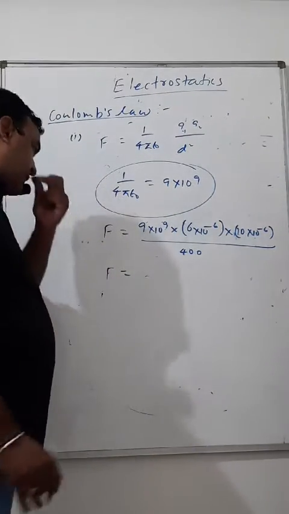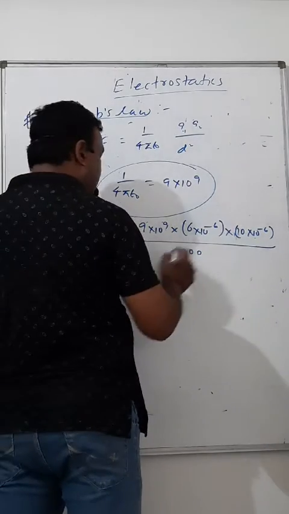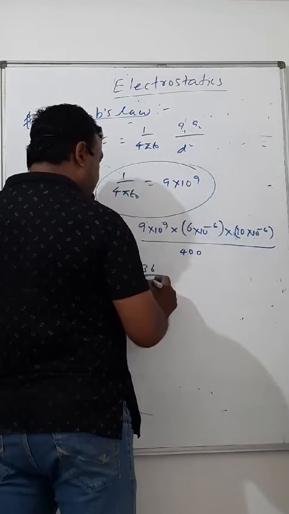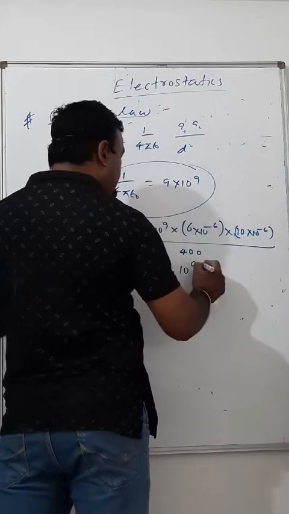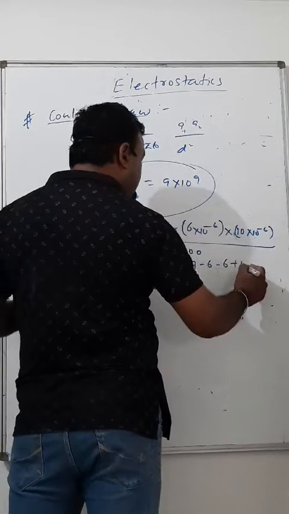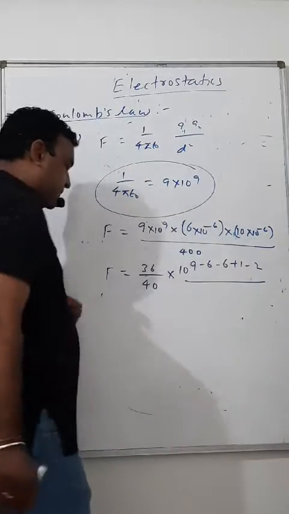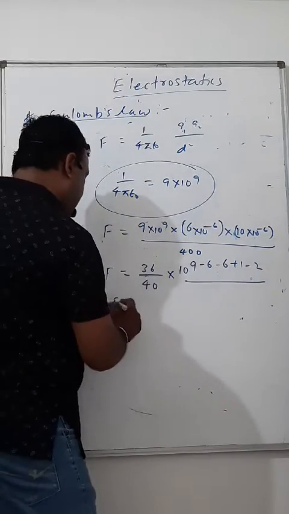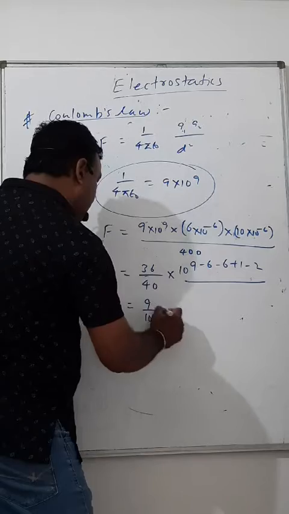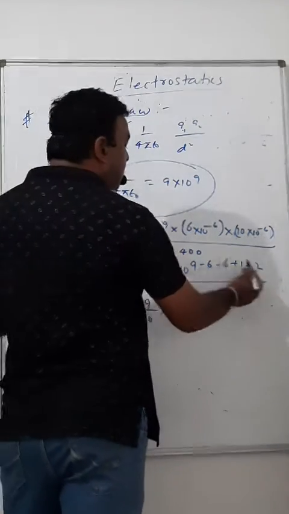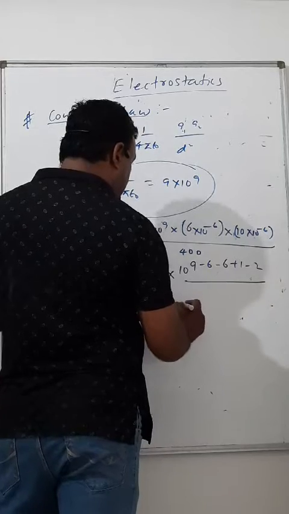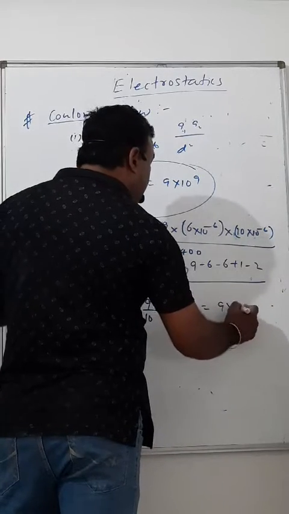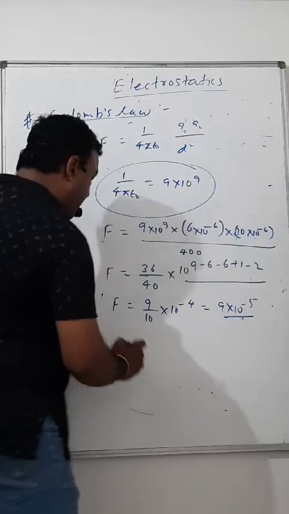Now the value of F is 36 by 40 into 10 to the power 9 minus 6 plus 1 minus 2. It comes to 9 by 10, 10 to the power 9 plus 1 is 10, minus 2, so 10 to the power minus 4, or 9 into 10 to the power minus 5.